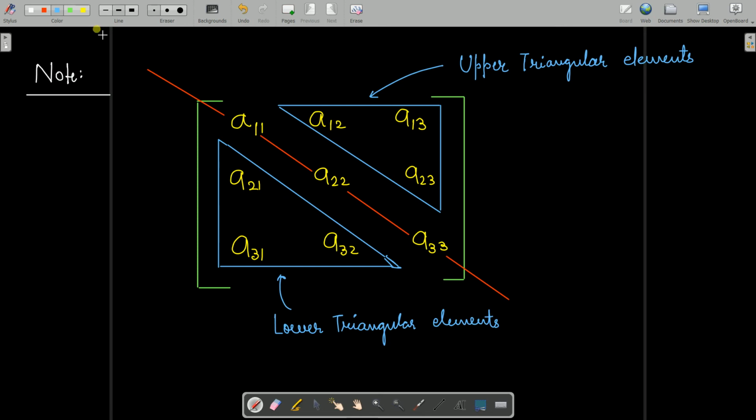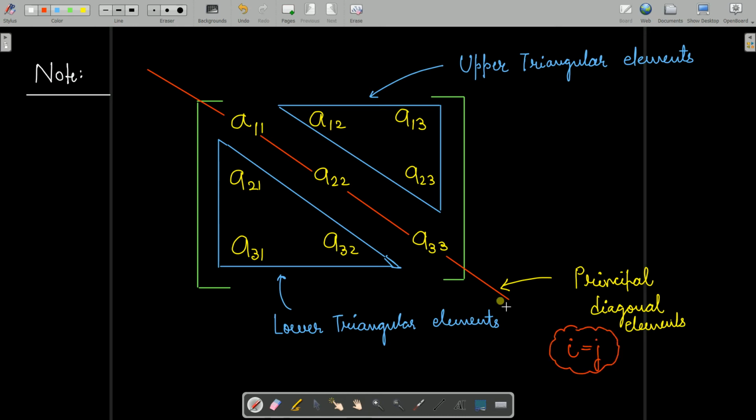You should notice one thing: these are called the principal diagonal elements. If we talk about the relation between i and j, for this particular diagonal, i will be equal to j. Can you notice? 1 is equal to 1, 2 is equal to 2, 3 is equal to 3.